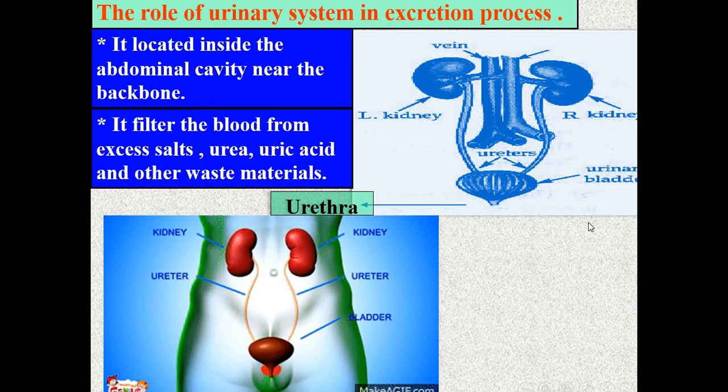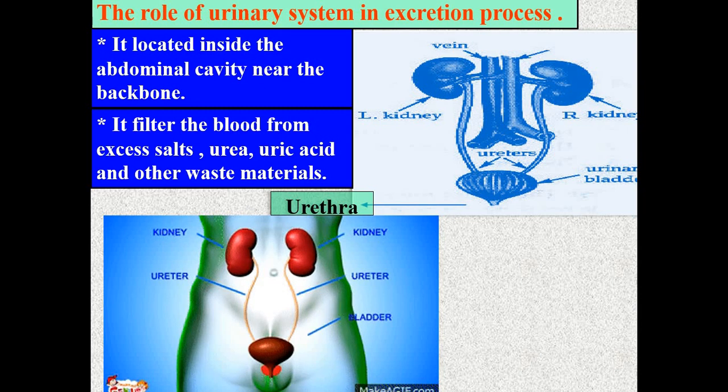So, the role of the urinary system in the excretion process. Where do we find the urinary system? It is located inside the abdominal cavity near the backbone. It filters the blood from excess salt, urea, uric acid, and other waste material.